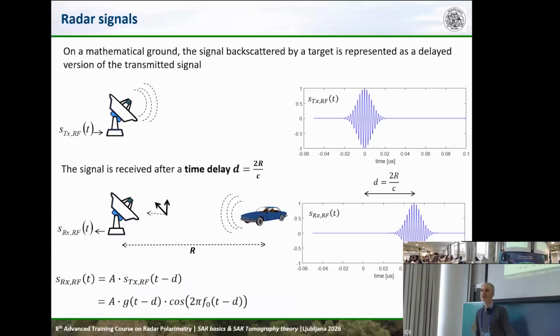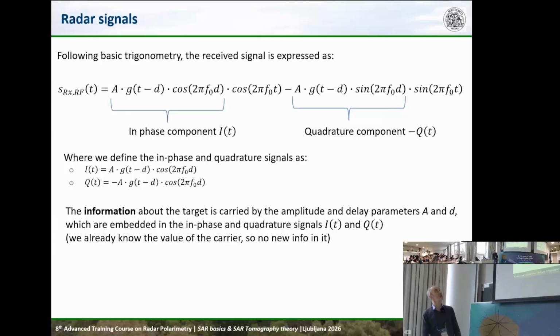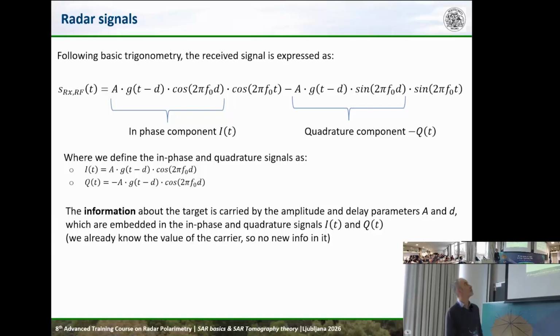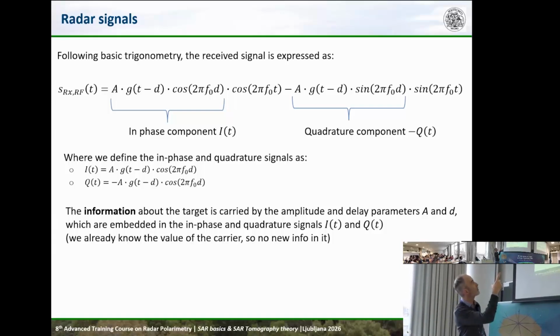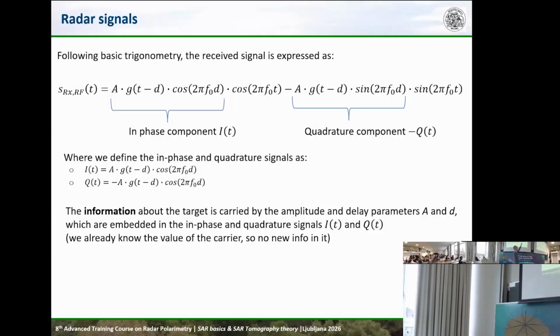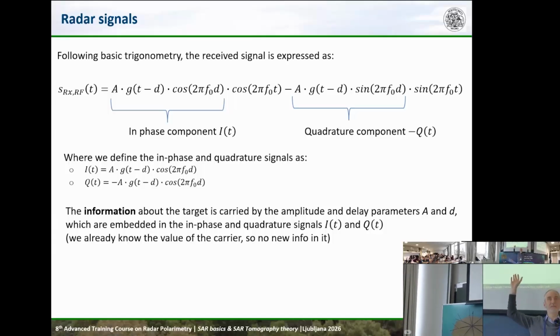Now we can go on ChatGPT, which is even faster, and this is what we get. We can write the received signal in this way. We have a first term that is multiplied by a cosine, and a second term that is multiplied by a sine.